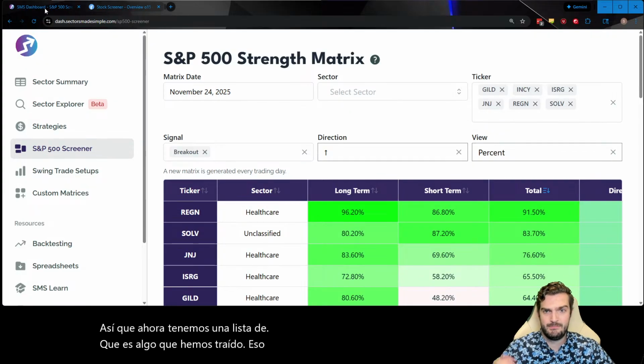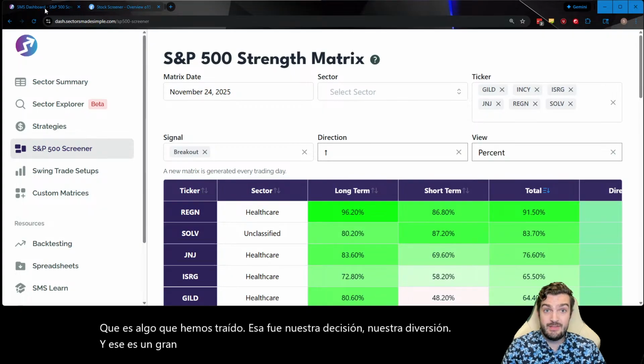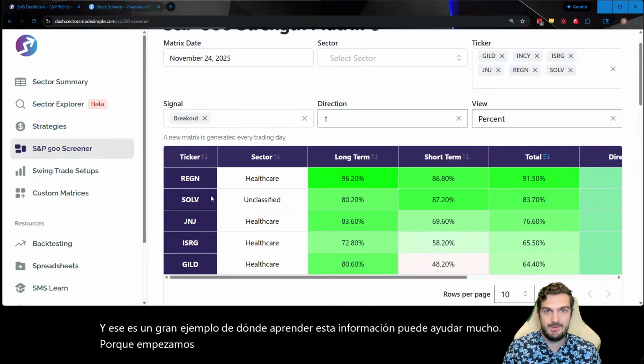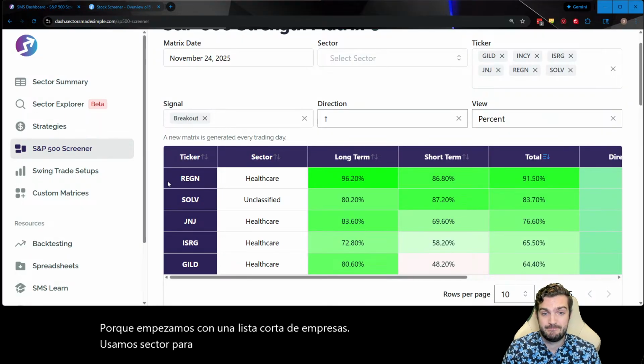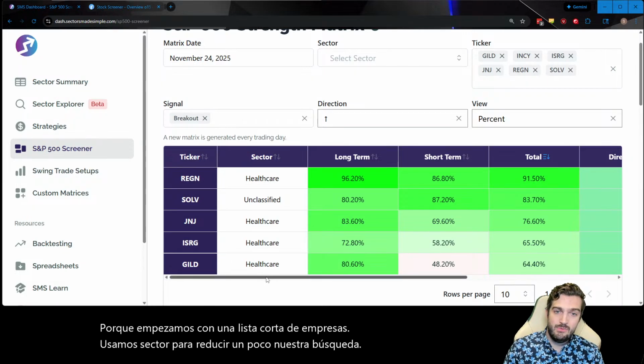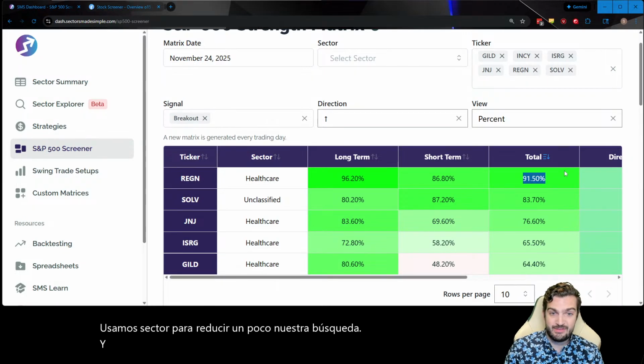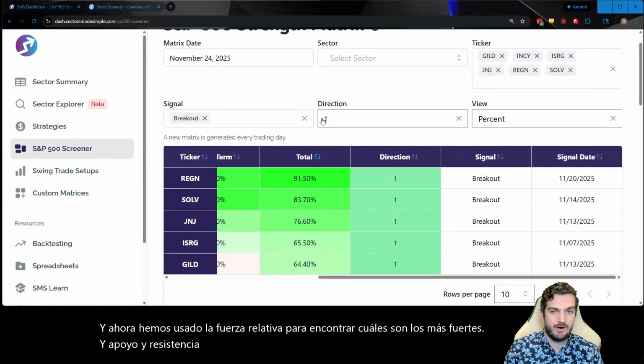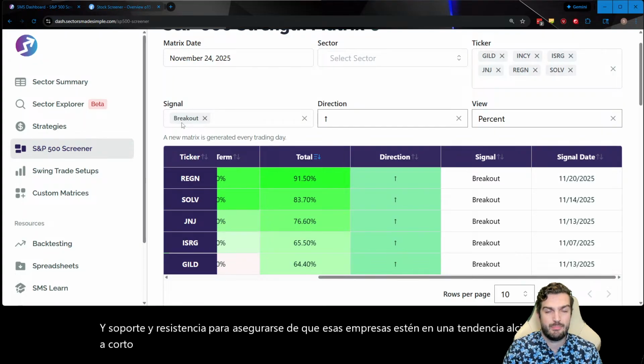And that is a great example of where learning this information can really help. Because we started with a short list of companies. We used sector to narrow down our search a little bit. And now we've used relative strength to find which are the strongest, and support and resistance to make sure those companies are in a short-term uptrend and a long-term breakout.